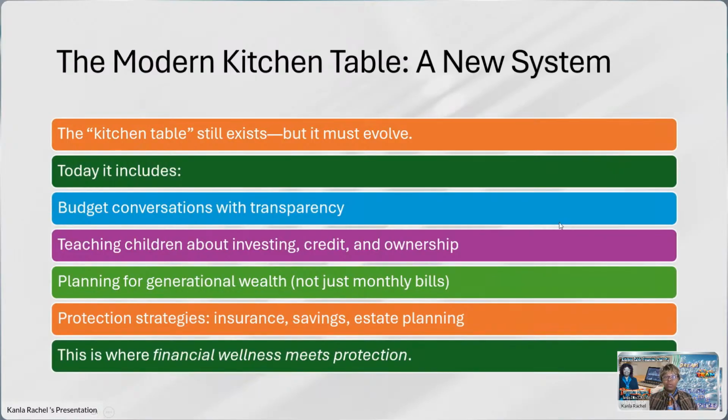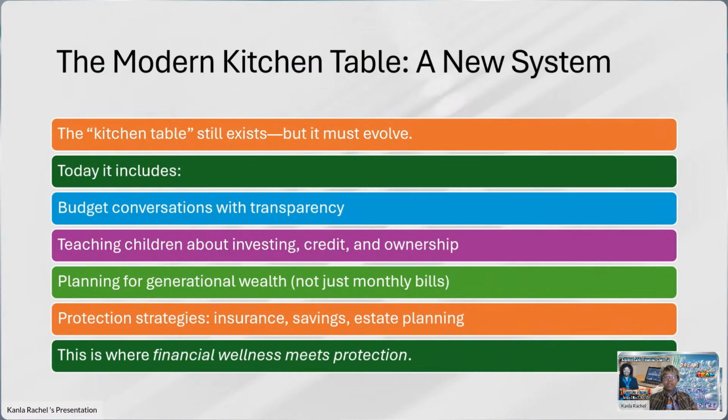And now bringing us to our modern day kitchen table, which is still informal because it's on our kitchen table. But if we take it out to the corporate world, or into the boardrooms, then it becomes a formal and professional structure where you can talk about financial literacy.